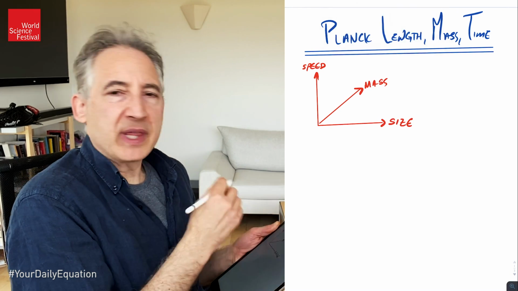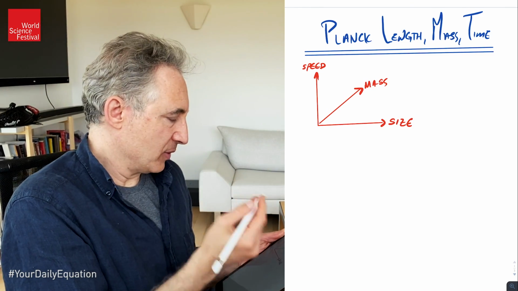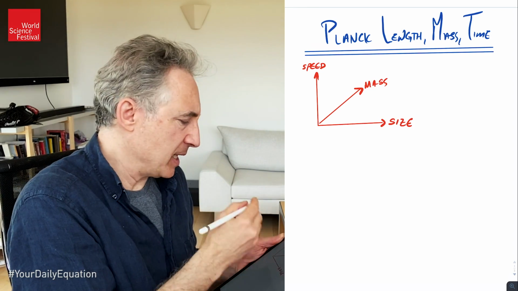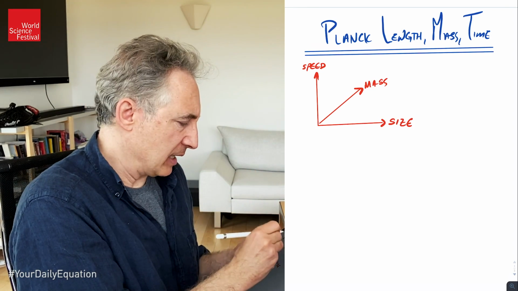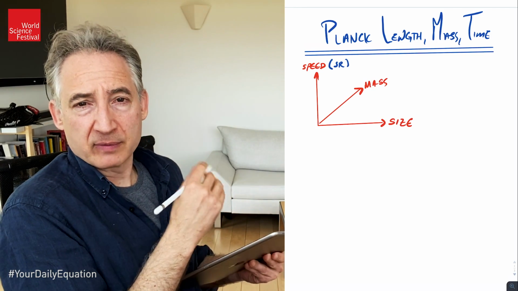And associated with each of these three qualities is a fundamental theory of the world, right? When we talk about very, very high speeds, extremes of speed, if you really want to have a full understanding of that, you have to bring in the special theory of relativity.